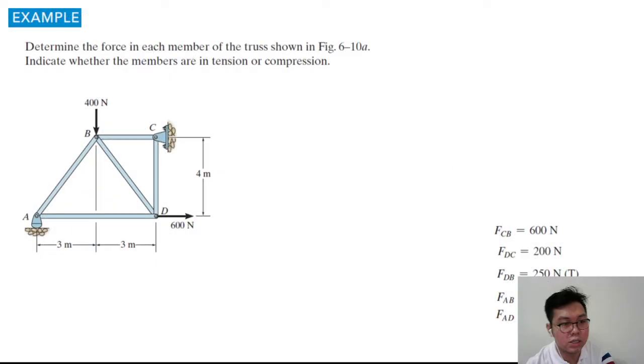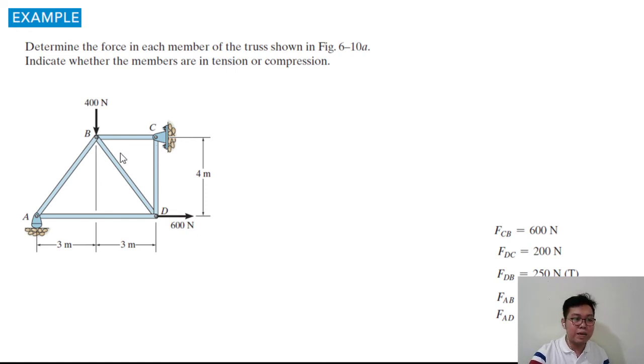Now, anong joint dito? Sa figure natin, anong joint ang dalawa ang members? Obviously, yung joint A, dalawa ang members, members AB and AD. And then joint C, dalawa din ang members, CB and CD. So, it means na pwede kang magsimula either joint A or joint C. Now, sir, anong mangyayari sa B and D?